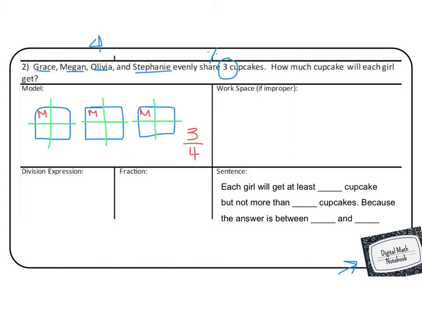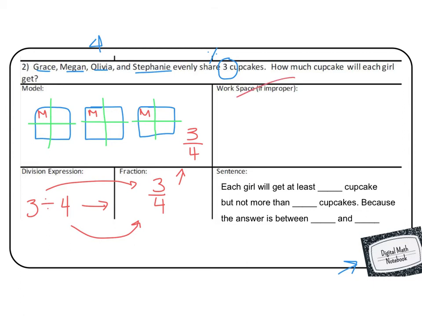In math, this would be 3 cupcakes divided by 4 people. Our answer would be a fraction, where the first one goes to the top and the second one goes to the bottom. 3/4. There's our number. We're not improper this time, so we don't need this spot.